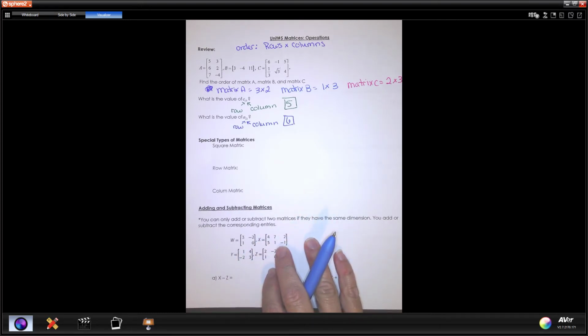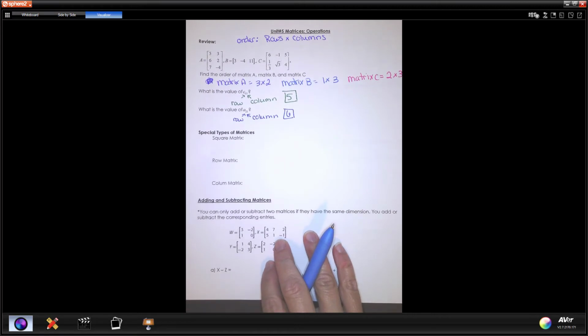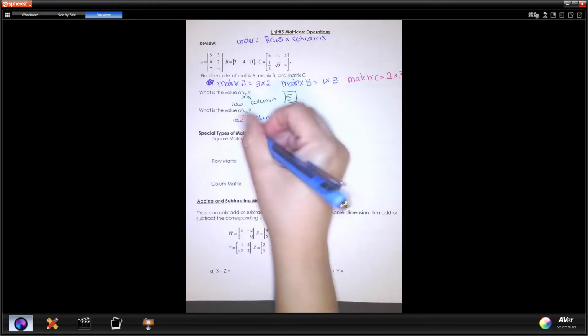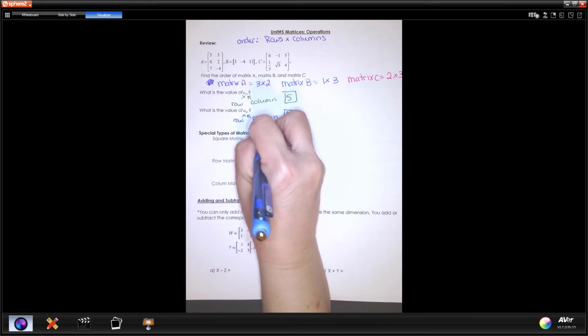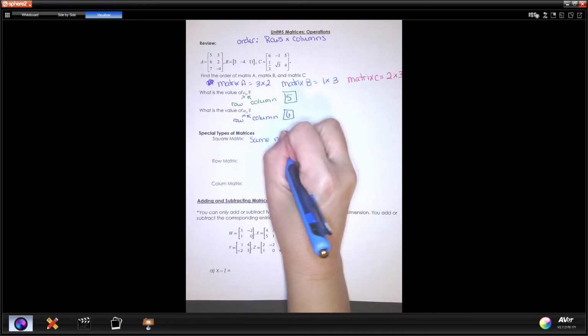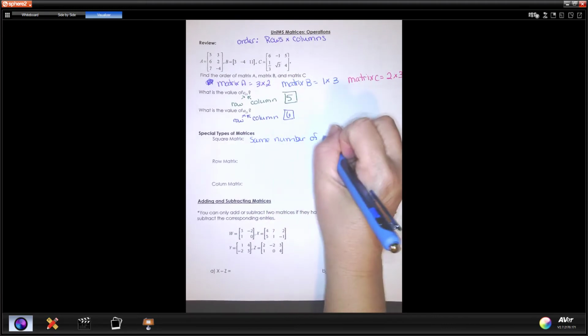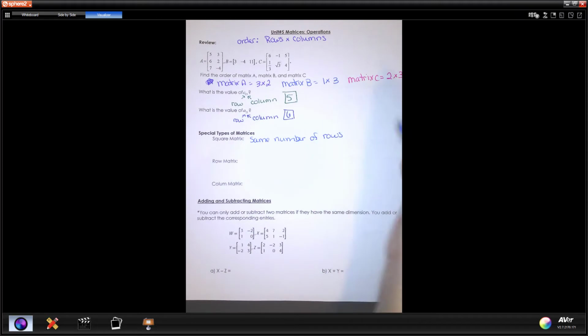If we recall, there are going to be some special types of matrices. Our first special type happens to be a square matrix. A square matrix has the same number of rows and columns.